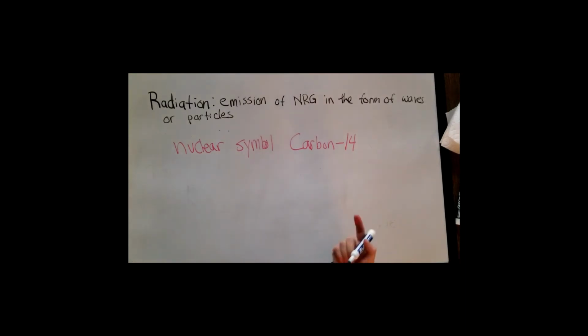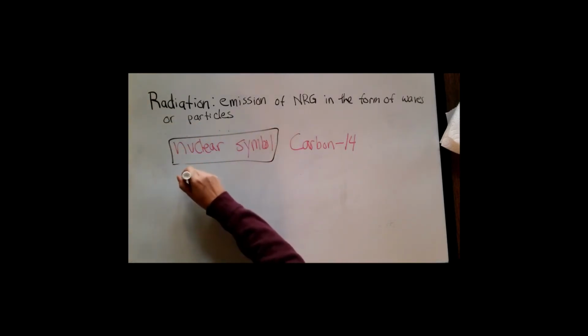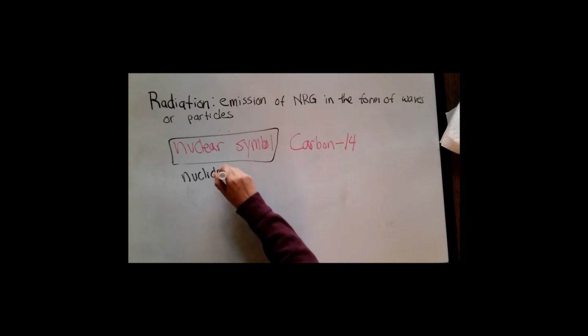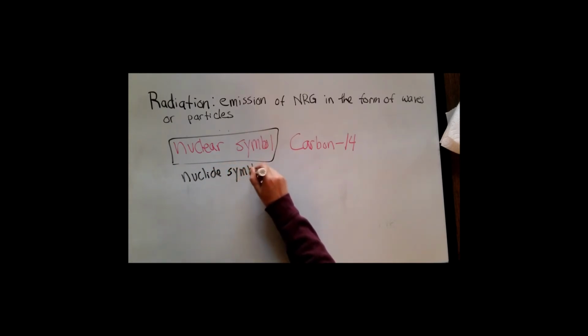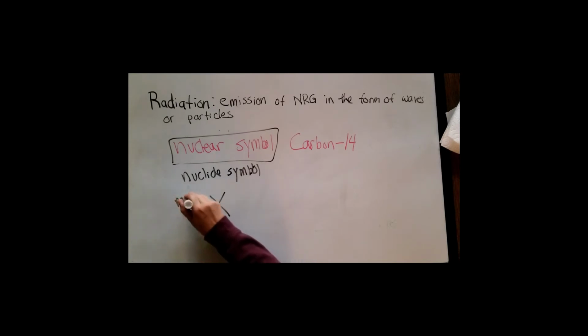Before, we had 2 ways to represent an isotope. One was with a nuclide symbol, and that's what this is asking. This is the same as saying nuclide symbol. So they want you to represent this isotope in this format, with the mass number up here and the number of protons here.